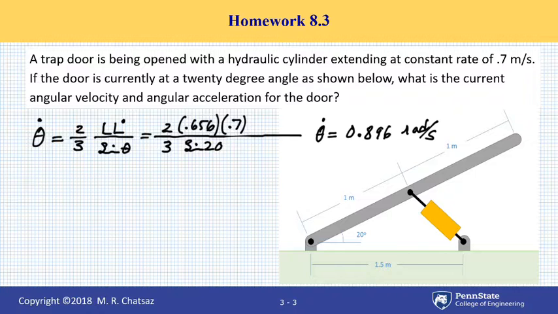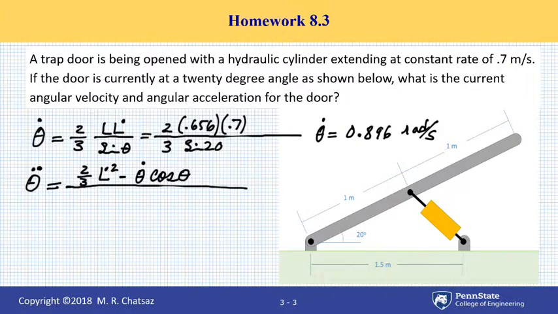If I solve equation 2 for theta double dot, I will obtain the following relationship: 2/3 of L dot squared minus theta dot squared cosine of theta, the whole thing divided by sine of theta. So this is what I will get for the angular acceleration of the door.